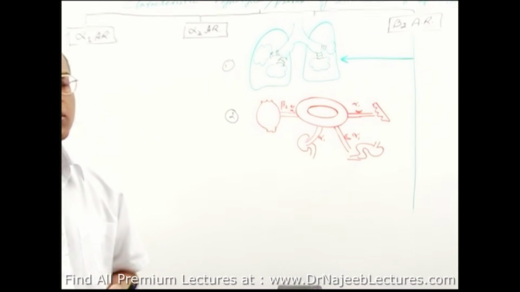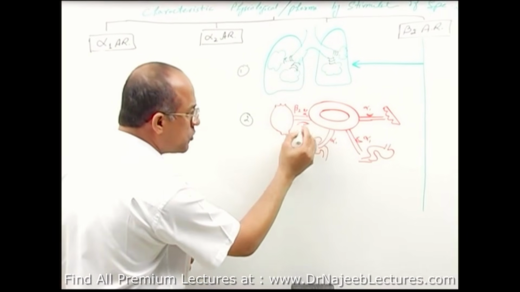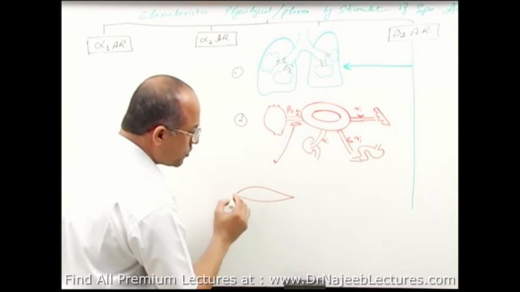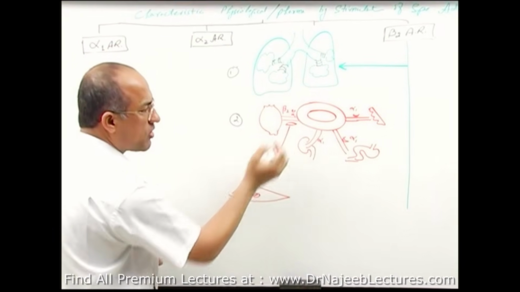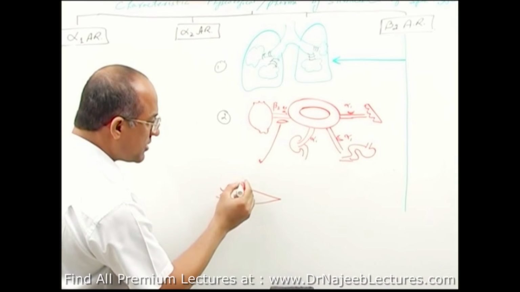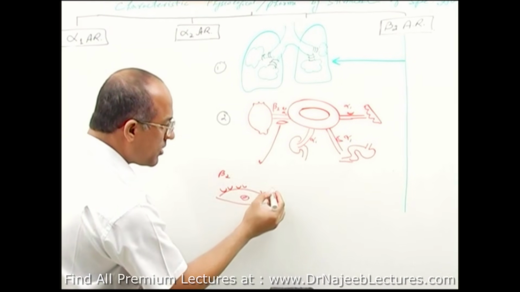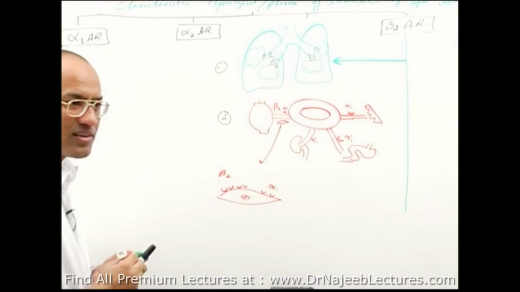Blood vessels which are going to the skeletal muscle, suppose I remove one smooth muscle here. This is smooth muscle from the blood vessel of skeletal muscle. It has more beta 2 receptors. These are all beta 2 receptors and very little alpha 1 receptors. Right?